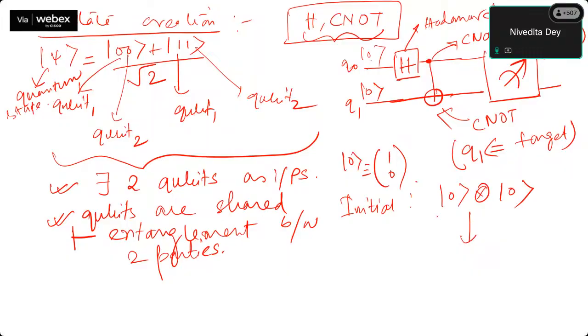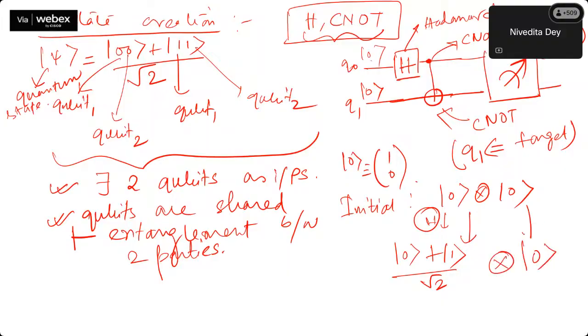Then we apply the Hadamard on the first qubit. This will make it (ket 0 plus ket 1) by root 2, as a product. The second qubit stays as it is, as there is no operation on that. So if I write it, it will look like (|00> plus |10>) divided by root 2.